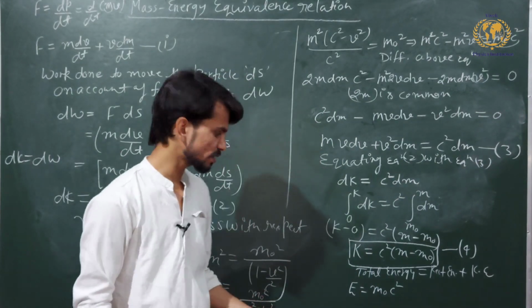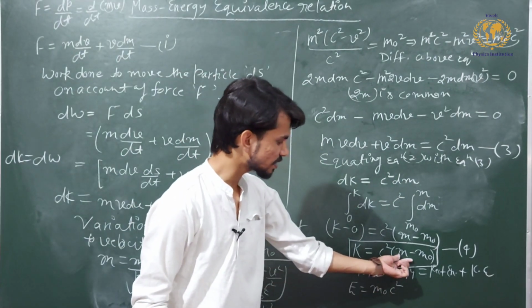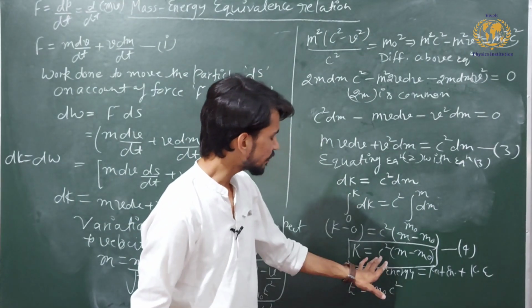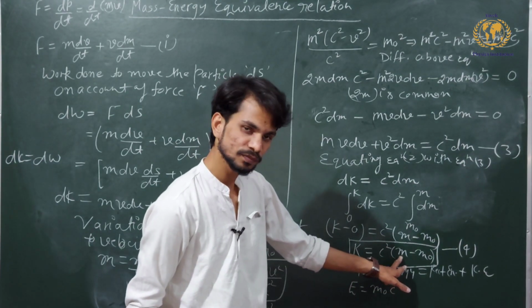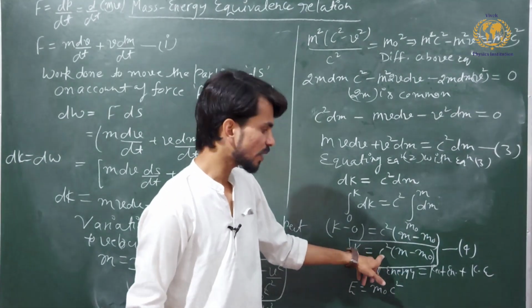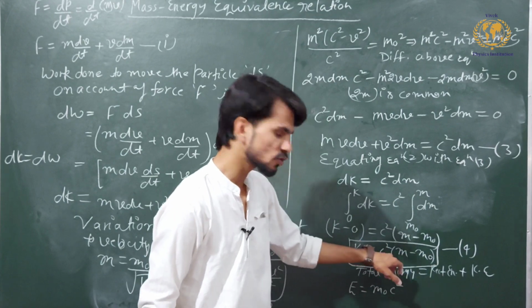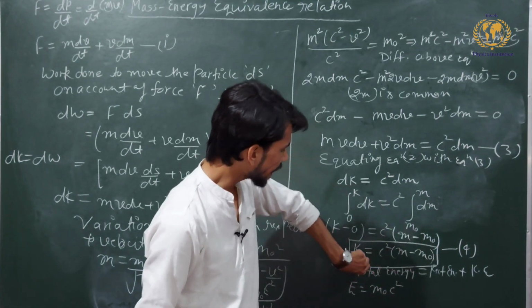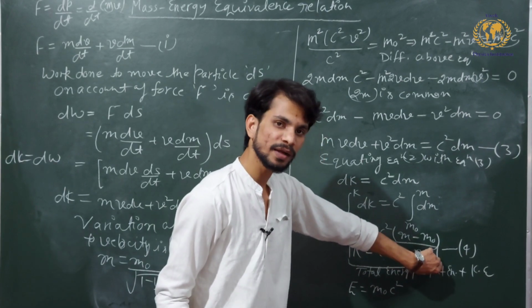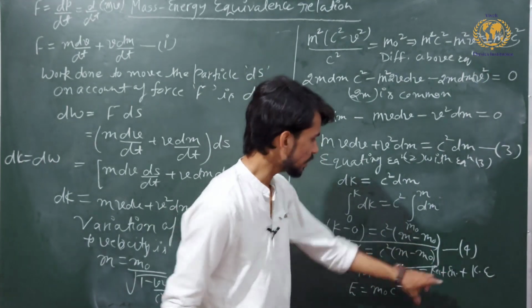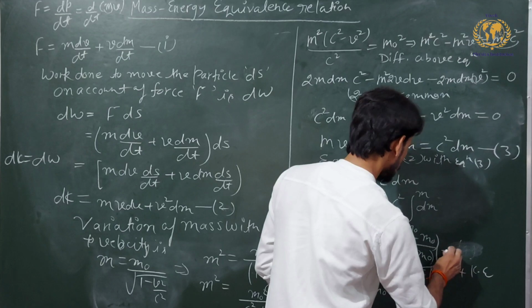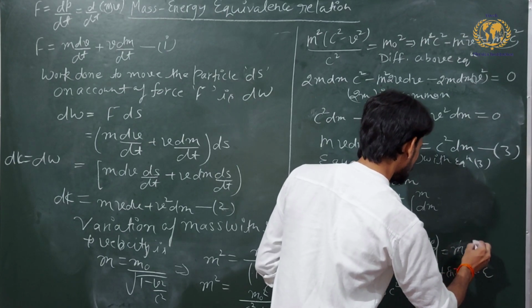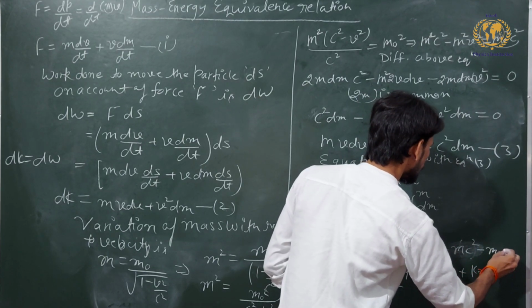From this equation you can simply lead it: if I multiply c square by m, that will be mc square minus m naught c square. And m naught c square will give me the energy of the particle when it was at rest. Let me write this formula also here, mc square minus m naught c square.